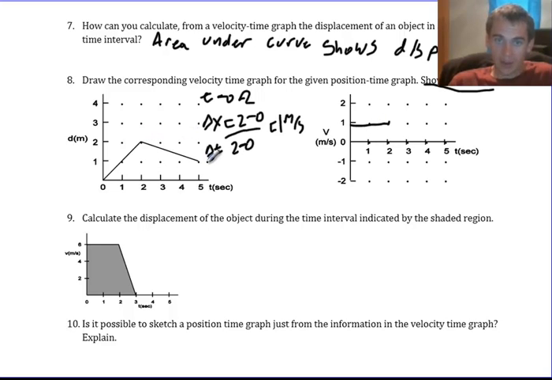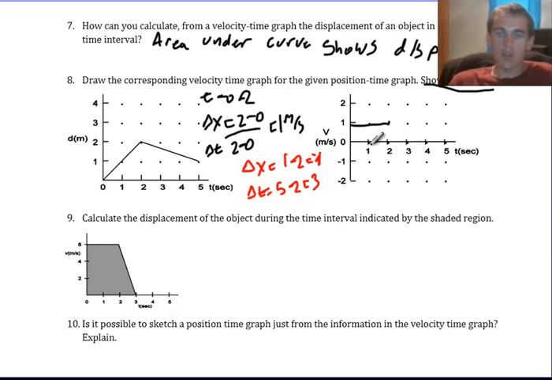For the last 3 seconds, from 2 seconds to 5 seconds, what's happening? Well, let's go ahead and find our change in position. Our delta x is equal to final minus initial, so 1 minus 2, which equals -1, and our delta t is 5 minus 2, which equals 3.